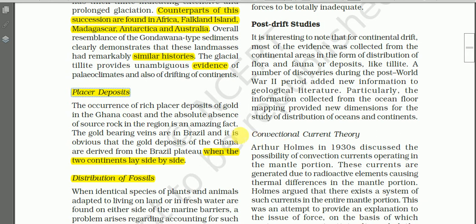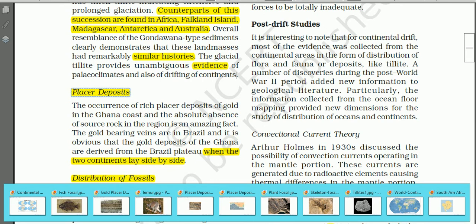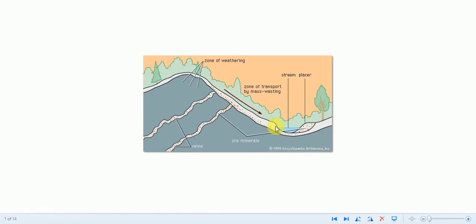These placer deposits are mainly found near rivers. Here this is a stream, and nearby it we have placer deposits. From the slopes of the hills, heavy materials are slowly washing down the slope into the stream.